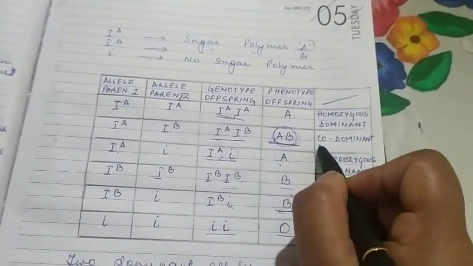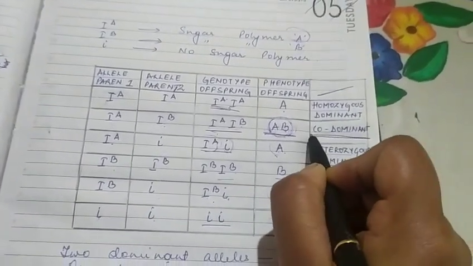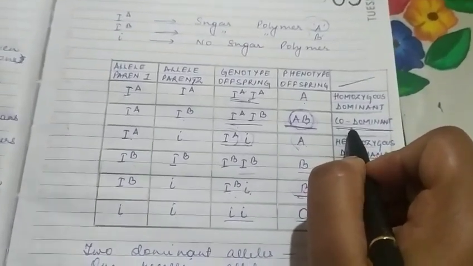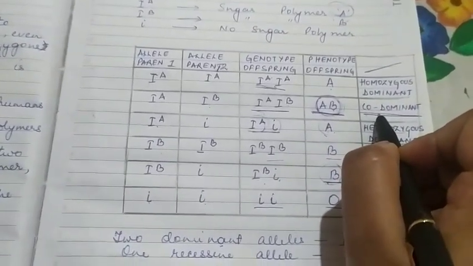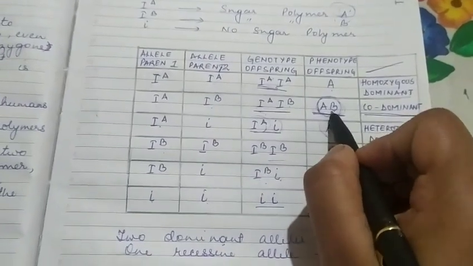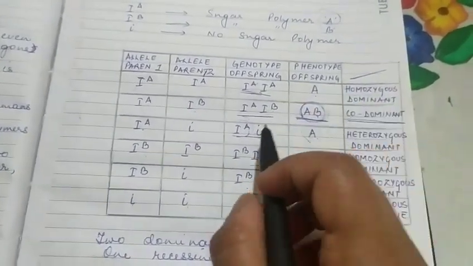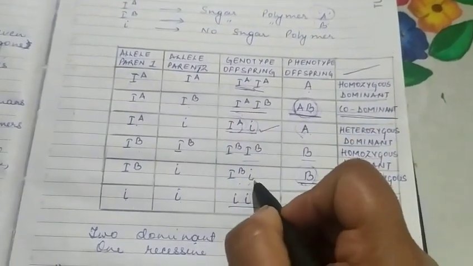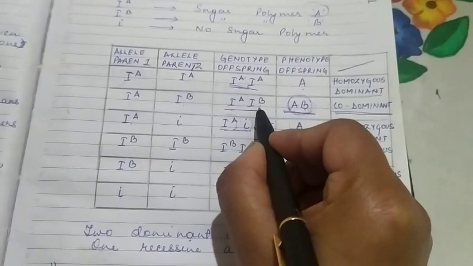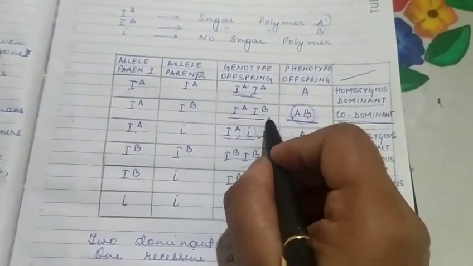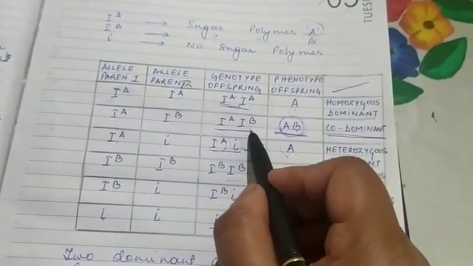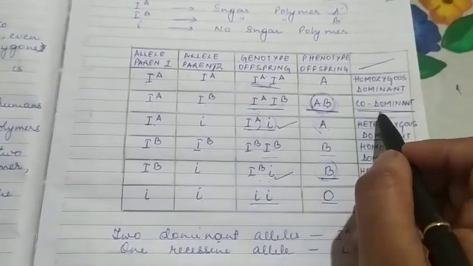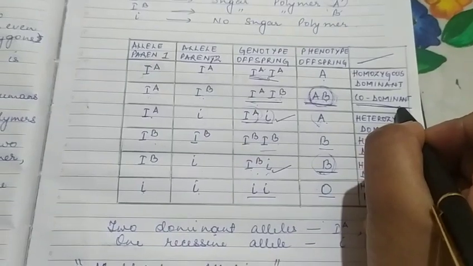This phenomenon is called co-dominance, and it was very much against Mendel's explanation. Mendel had said that in a heterozygous condition, always one will express and the other will be suppressed. That happens here, but not here. So this was against whatever Mendel stated. This is a variation of Mendel's statement. This phenomenon is called co-dominance.